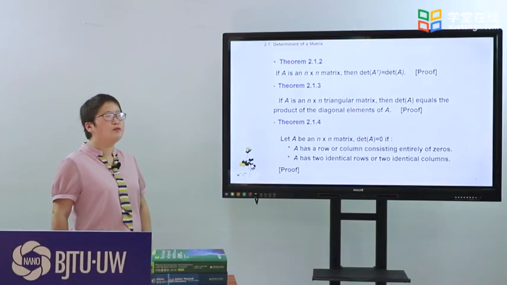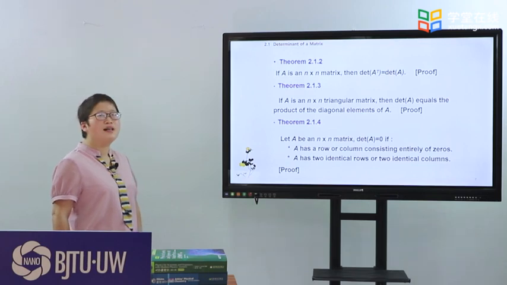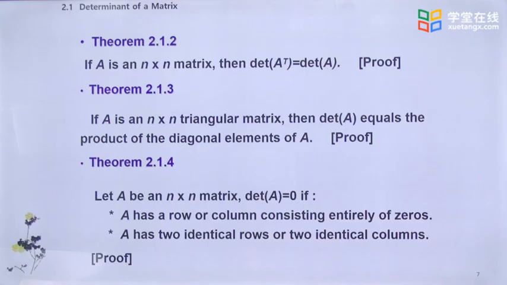Now we consider the properties of determinants. The first theorem, 2.1.2, tells us that if A is an n by n matrix, then the determinant of A transpose equals the determinant of A. This theorem can be obtained easily by mathematical induction. When it's a 1 by 1 matrix, of course, A transpose equals A. They have the same determinant, of course.